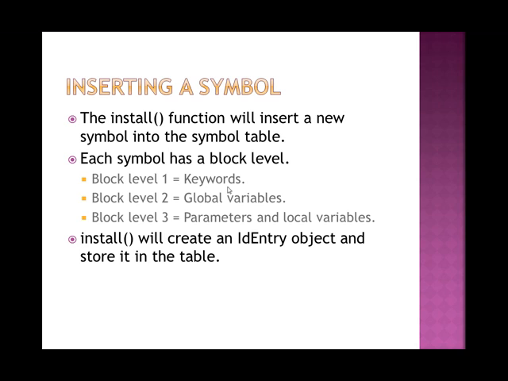If I'm using level 1, it is used only for keywords. Level 2 is used for the global variables. Level 3 is used for the parameters and the local variables. So every symbol contains block level 1, block level 2 and block level 3.